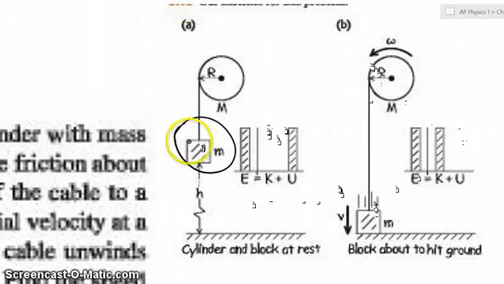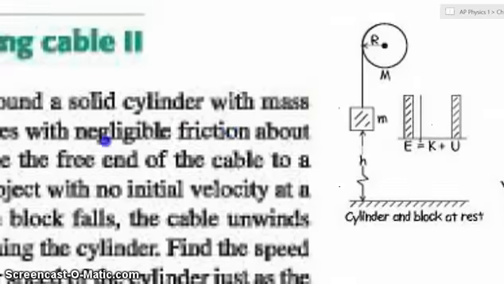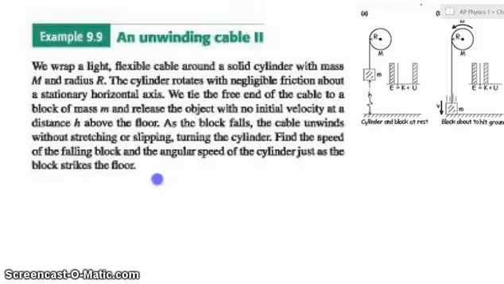However, in this case, the block will fall down more slowly than free fall because the pulley having mass is going to have an inertia that's going to take some effort to get rotating. So let's see how we can put that information into some math.